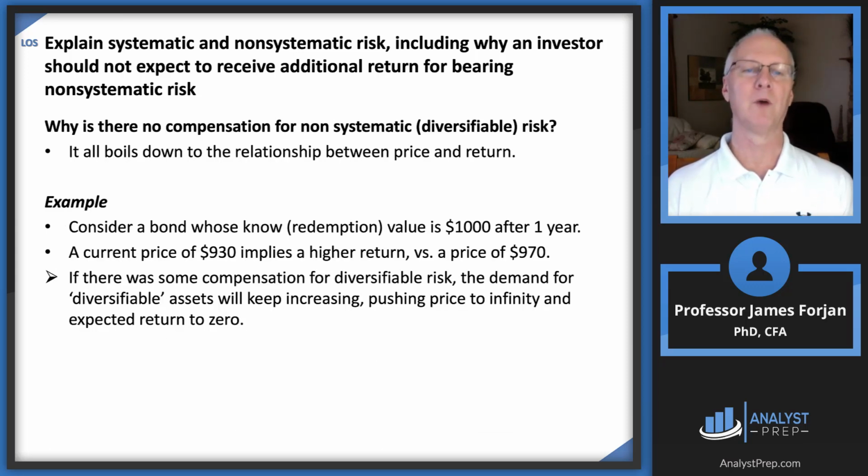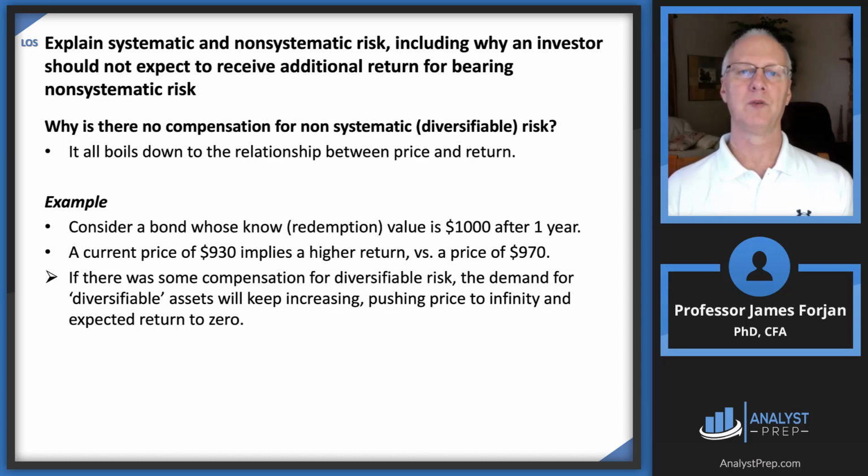All right, so the follow-up question then is, why is there no compensation for bearing that diversifiable risk? And we're going to talk about that at length as we move through this slide deck. But the easiest way to answer that is to ask you to take a look at the relationship between price and return. Here's a quick example. Let's suppose we have a 1-year bond, and we know that value is going to be $1,000.